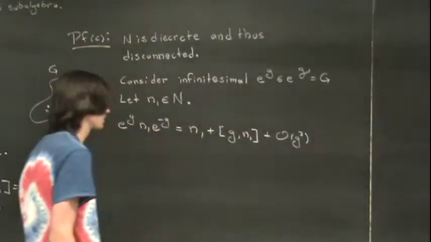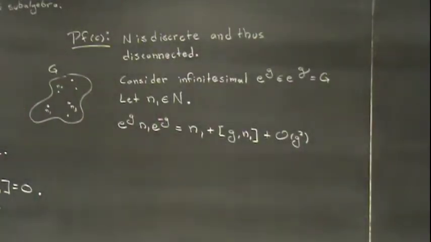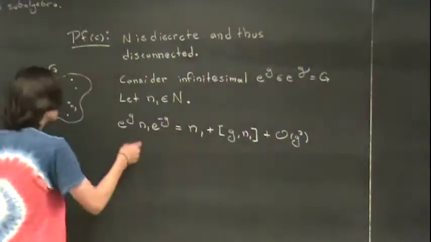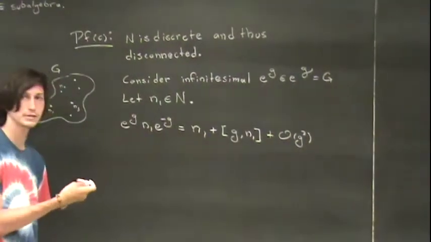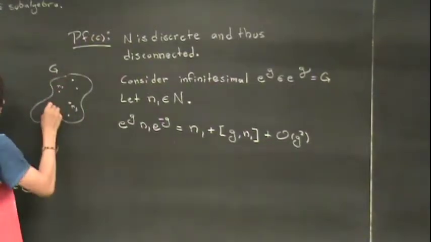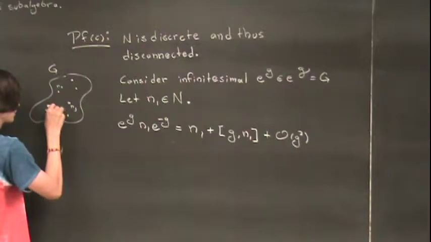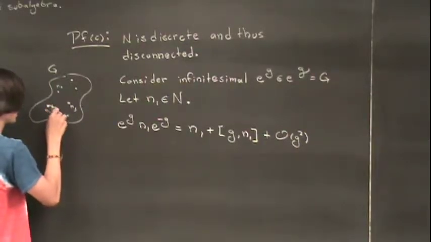We're not going to worry about these. The point is that this is an infinitesimal transformation, right? So we can sort of visualize this in the group as we go from n, and we do a slight transformation by this e to the little g.